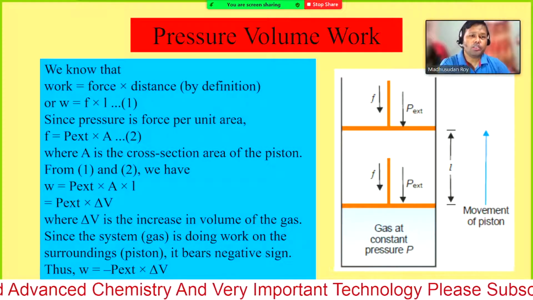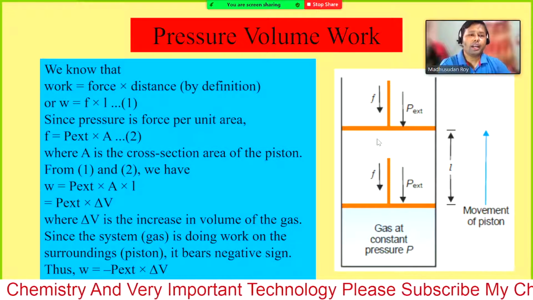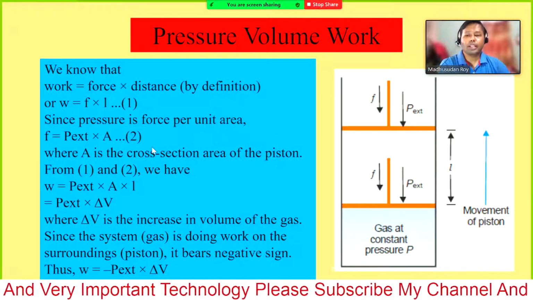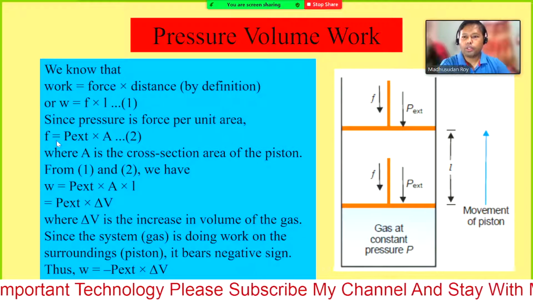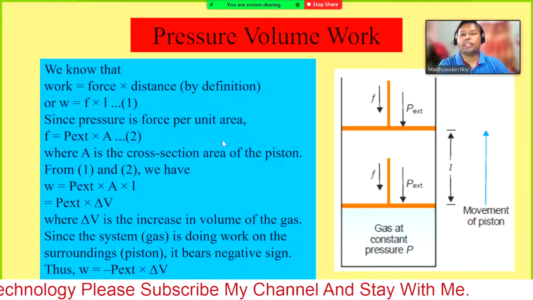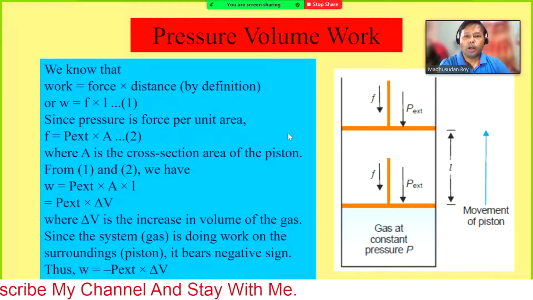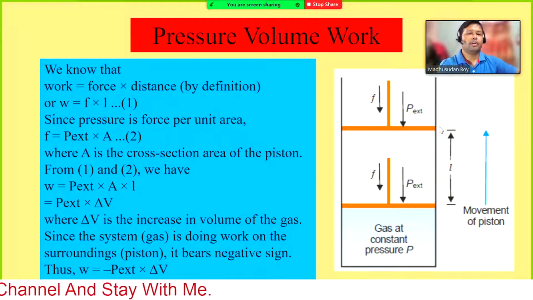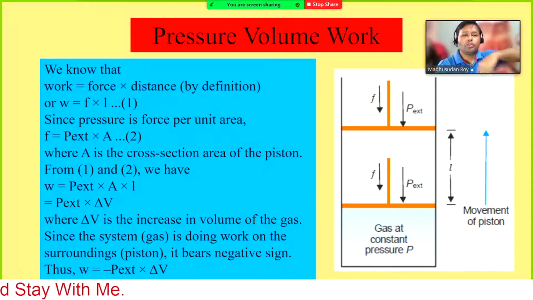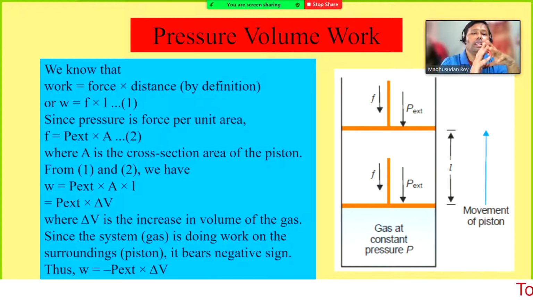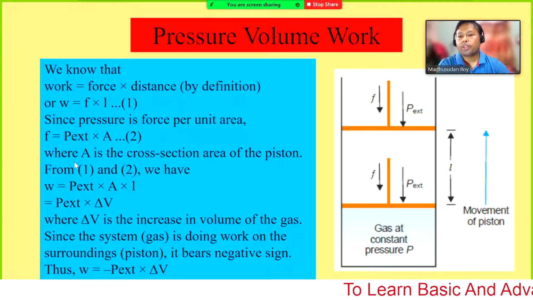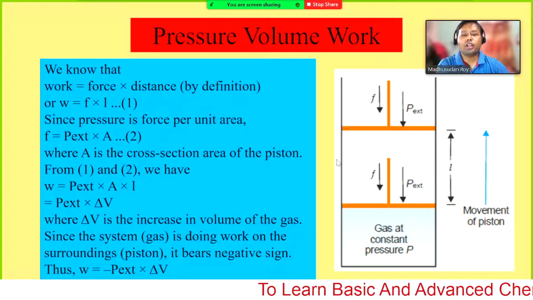What is the force? Force is pressure multiplied by area. So F equals P exert, that means the pressure applied to the piston, multiplied by the area. That means the area over which the pressure is applied gives the force. Where A is the cross section of the piston.